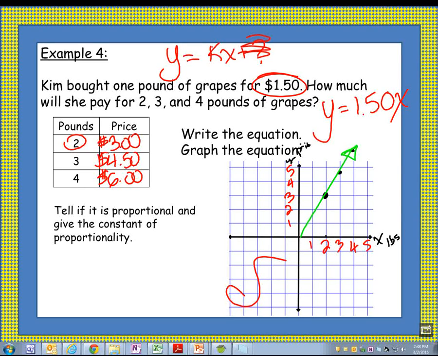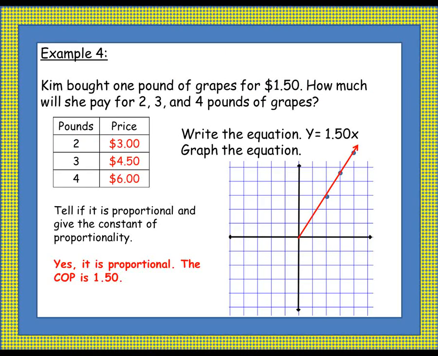Lainey? 1.5. Because A, it's right here, that's from Thursday. And B, when I go from my 1 value and go up, it's at 1.5 right here. That's where that line crosses the 1. There it is. Yes, it's proportional. The COP is 1.50.